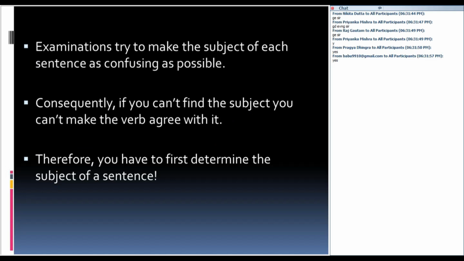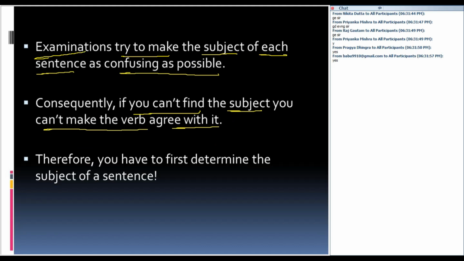But in examinations they will try to make the subject of each sentence as confusing as possible. And that is why if you can't find the subject, then you will not be able to make the verb agree with it. And then there'll be a problem. So that is why it is very important that you first determine what is the subject of the sentence.